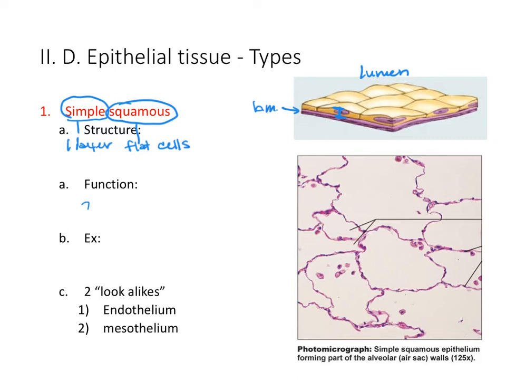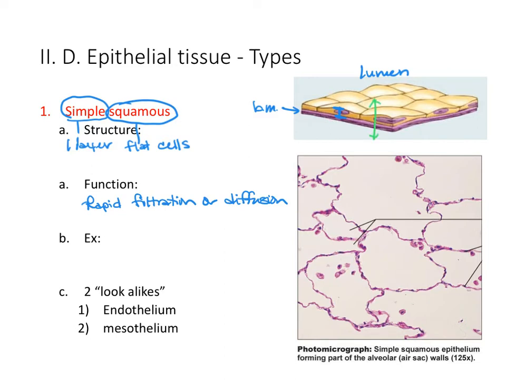The function of simple squamous epithelium is going to be to allow the tissue to do either rapid filtration or rapid diffusion. So we're going to have thin cells so that materials can get through them really quickly from one side to the other.